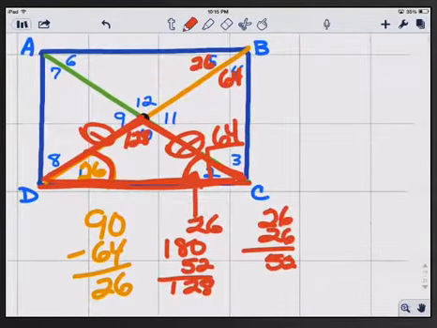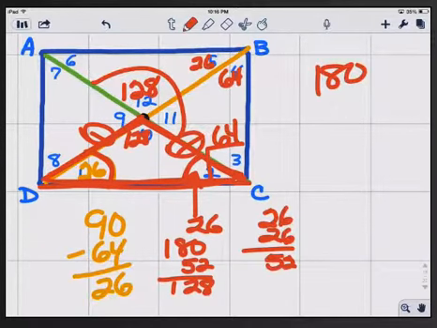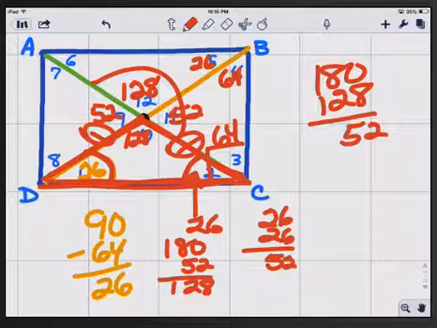Now that we know angle 10, angle 12 and angle 10 are vertical angles, so if angle 10 is 128, angle 12 has to be 128. Angles 12 and 11 have to add to equal 180, so if you subtract 128 from 180, you get 52 degrees. That's angle 11. Angle 9 has to be another 52 degrees.